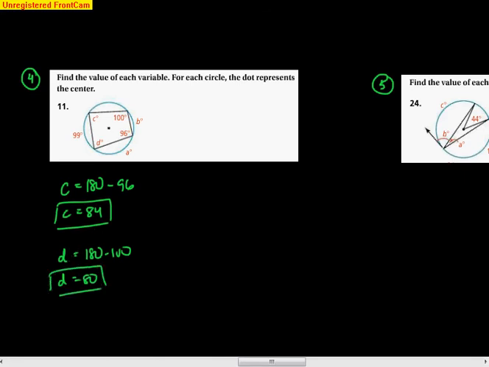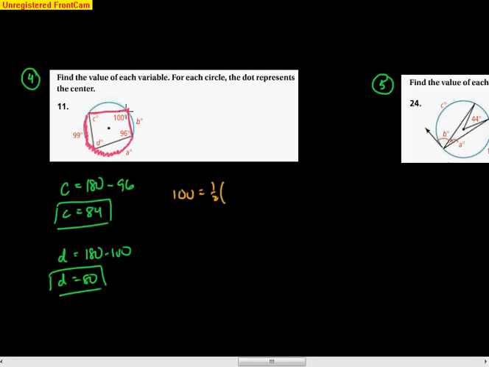Okay? And now we need to find A and B. Well, A and B are part of arcs. So we're going to have to use the inscribed angles here and the arcs. Now, each angle is going to intercept 2 arcs. So I'm going to look at this arc created by the 99 and the A. And if I follow it back, the angle that it follows back to is the 100. The 100 degree angle is an inscribed angle. It's equal to half of its arc.